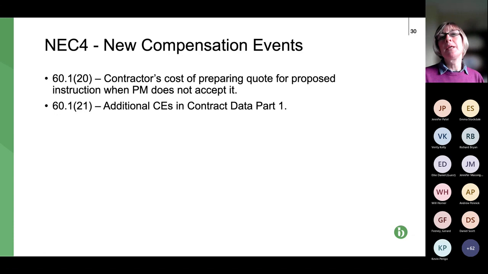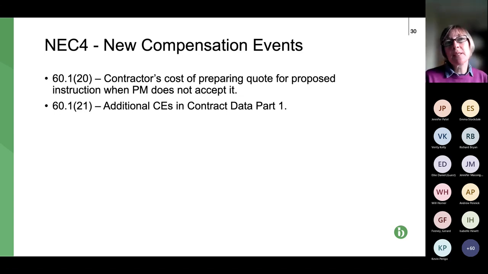Now, if the PM then says, well, thanks for that quote, but we're not going to proceed, this CE allows the contractor to price and be paid for the cost of providing that quote. So it's quite discrete, and I wouldn't imagine that it's going to be huge money, even if it's for a big item, you know, 2 or 3 days for a QS to provide a quote is not going to amount to huge claims.